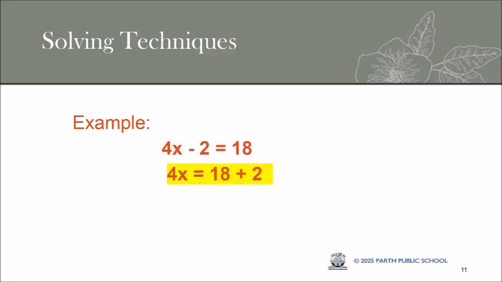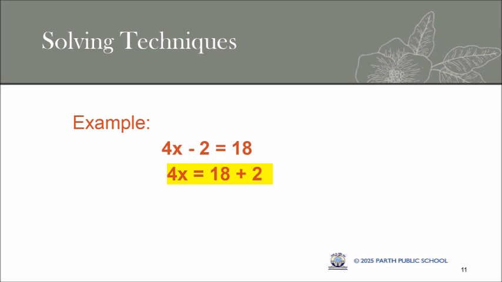As we have discussed, I have to keep the variable on one side and shift the constant to the other side. So I am going to shift the 2, which is a constant, and it has a sign of minus. I am going to shift it to the right hand side, and now minus 2 will become plus.